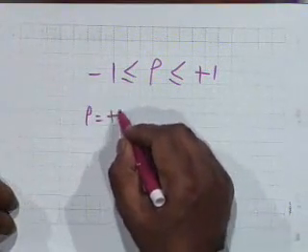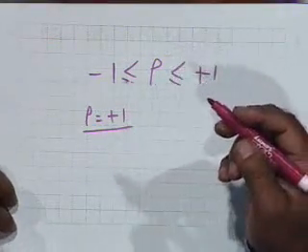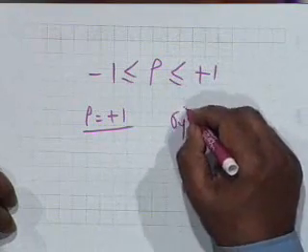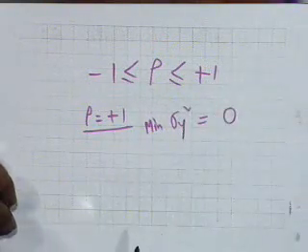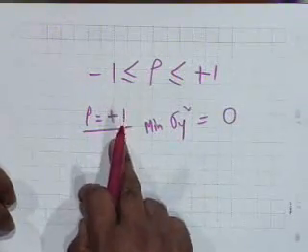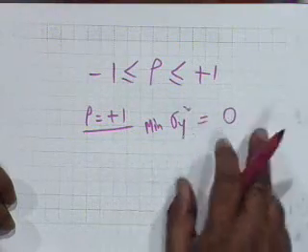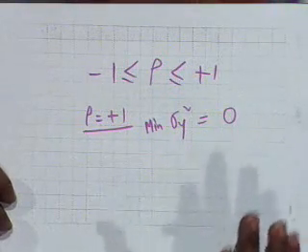Let us see what happens when rho equals +1. If you find the minimum sigma y squared, you will see that it is equal to 0. It is simple algebra. This has the physical interpretation that the two waveforms x of t and x of t plus tau are perfectly correlated.